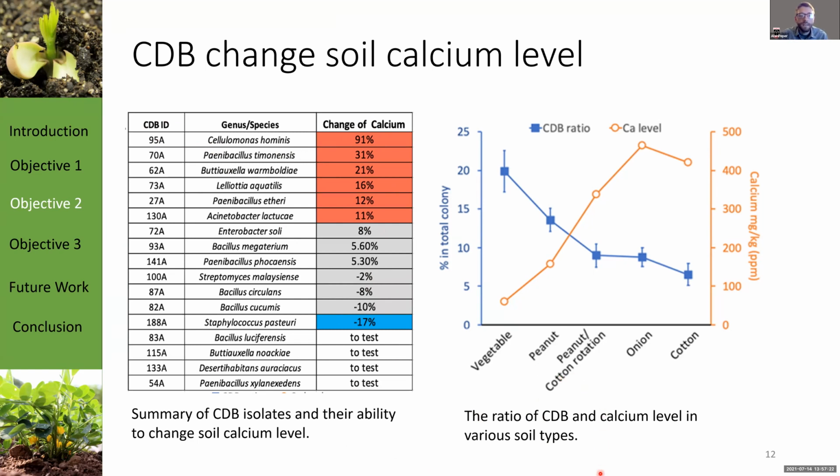And then looking at the calcium in the soil, which is on the right here, and then the CDB ratio, which is the percent of CDBs compared to the total colony population, we noticed an inverse or negative correlation between the amount of calcium in the soil and the amount of CDBs. So meaning the lower the calcium level, the higher the CDBs present in the soil. And we are going to do further research into this unique phenomenon.